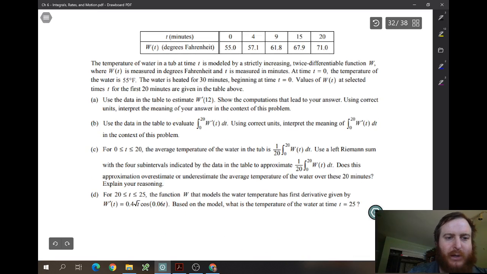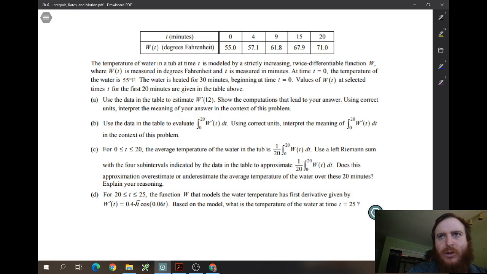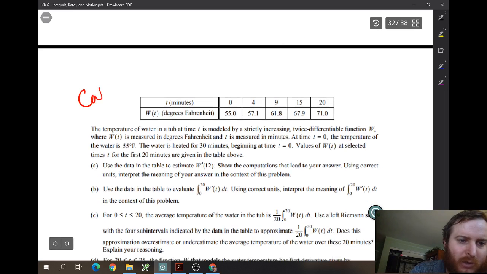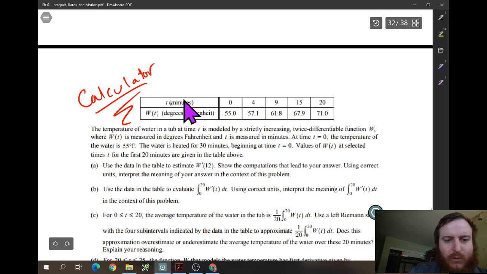Okay. Next up, we are given another one of these table questions where we're going to do a Riemann sum. Part A asks us to approximate, and this is my fault, this should have been a calculator question.